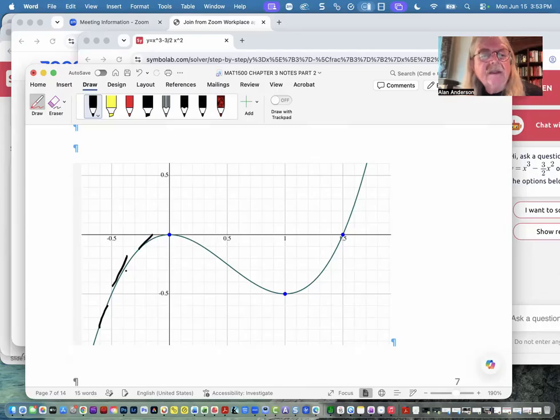These are supposed to be tangent lines, and you can see they all have a positive slope, and then all of a sudden, the slope is zero here, and then it becomes negative. That continues until we reach this point where the tangent line becomes flat, and then all of a sudden, they're all positive.